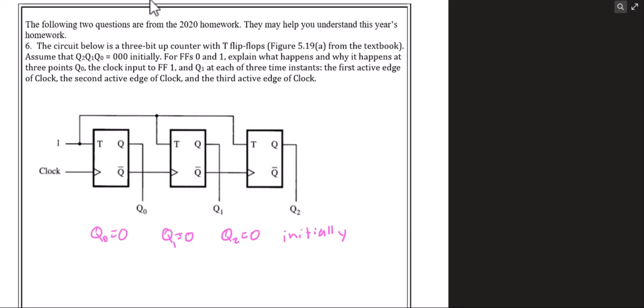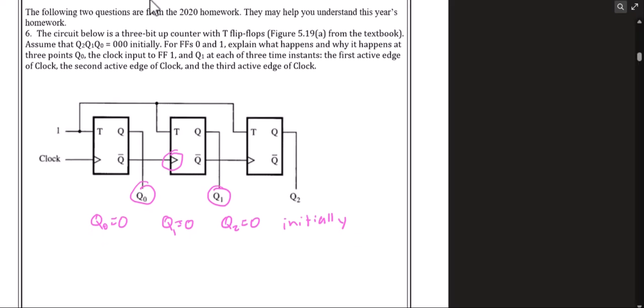For flip-flops 0 and 1, explain what happens and why it happens at 3 points: Q0, the clock input to flip-flop 1, and Q1 at each of 3 time instances. The first active edge of clock, the second active edge of clock, and the third active edge of clock.